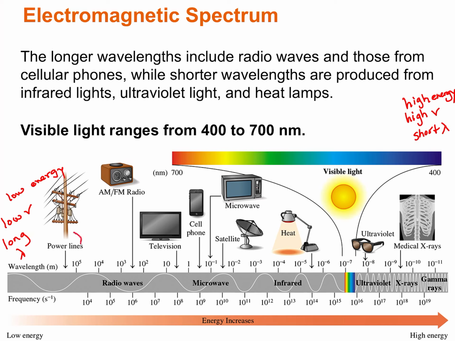Like we have power lines, right? Power lines and radio waves. So radio waves can reach up to a mile long, right? They can have a wavelength of a mile, which is crazy. And the reason for this really long wavelength is so that you get reception pretty much anywhere.